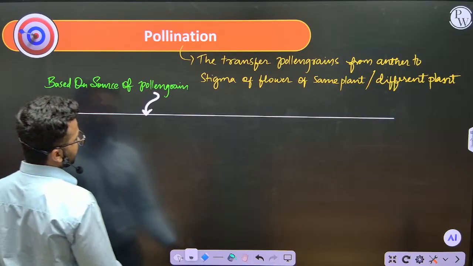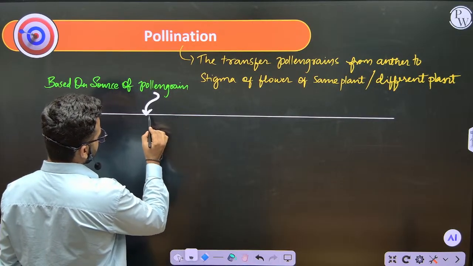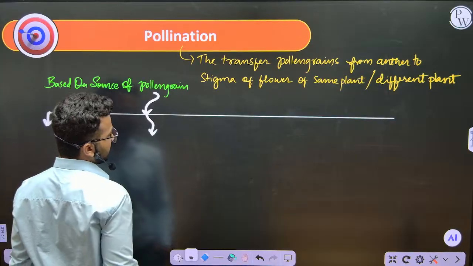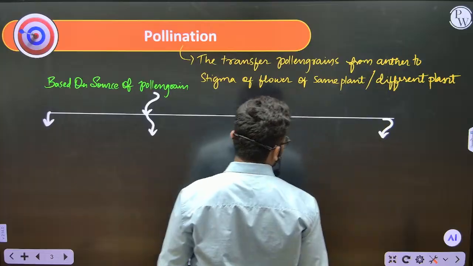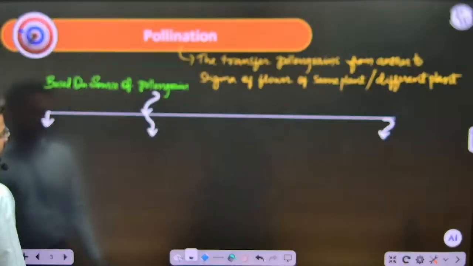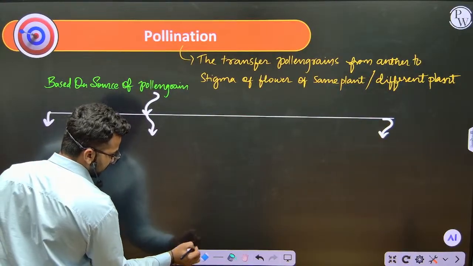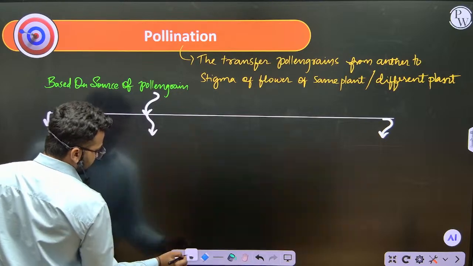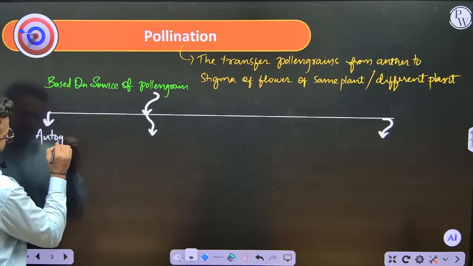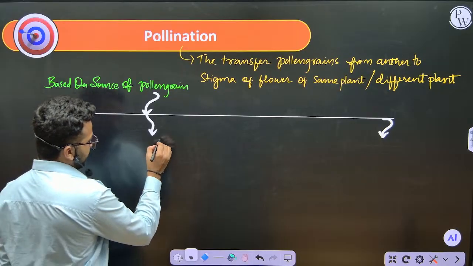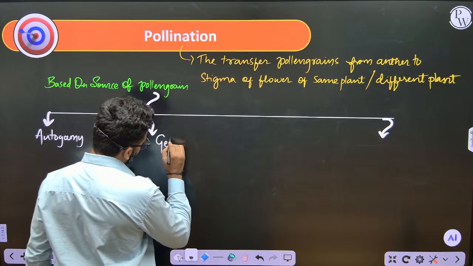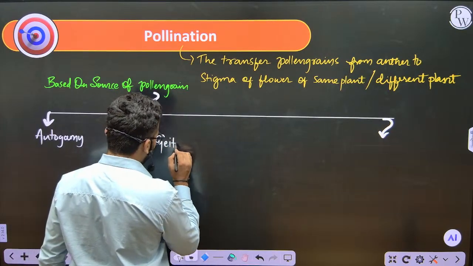One is self-pollination, another one is cross pollination, and another one is geitonogamy. One is self pollination, which we call autogamy. Another one is geitonogamy.